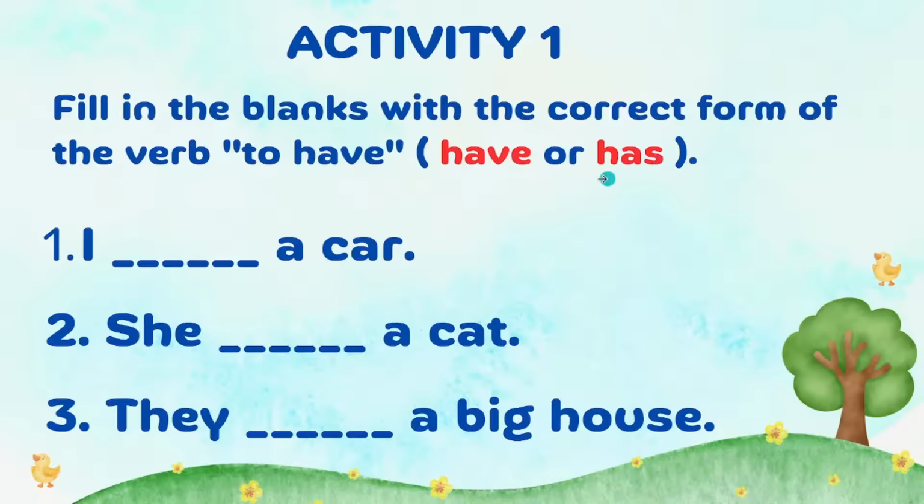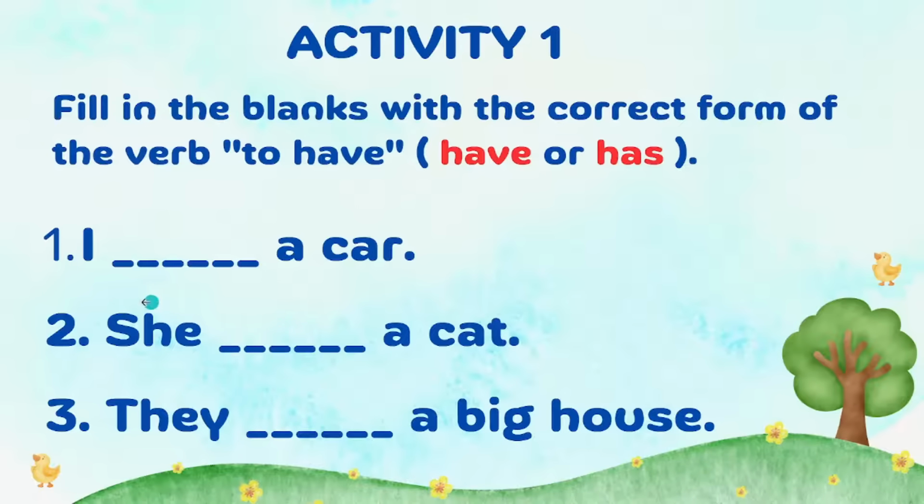For the he, she, and it, you will use has. For number 2, she has a cat. Remember the rule for the irregular verb to have. Since we use the pronoun she, what are we going to use?